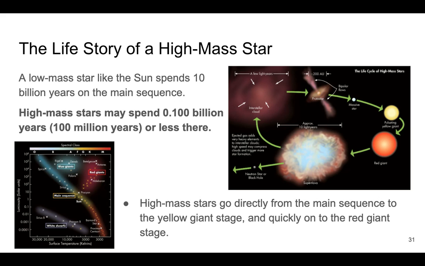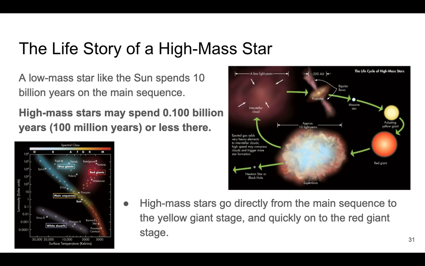A star like the sun is going to spend 10 billion years, so 10,000 million years on the main sequence. A high mass star might spend a tenth of a billion years, so only 100 million years as compared to 10,000 million years. And if it's more massive than that, it could spend even far less time there. So yeah, maybe 100 million years, maybe 10 million years. So they don't live nearly as long.